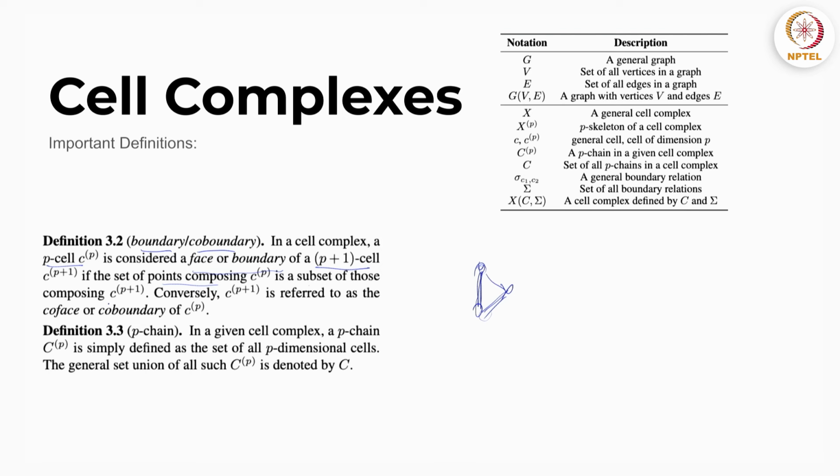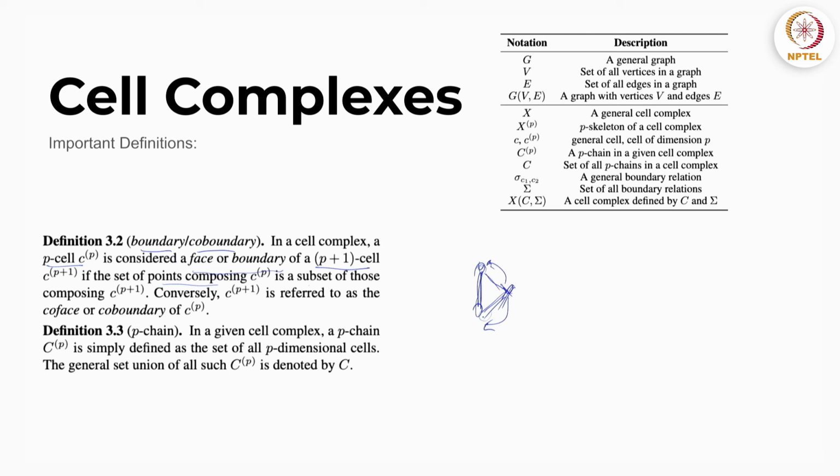All it's saying is that this 1 cell is actually constructed from the connection of these 0 cells. So these 2 0 cells are called the faces, or boundary, of this 1 cell, and conversely, this 1 cell is called the co-boundary of these 2 0 cells.